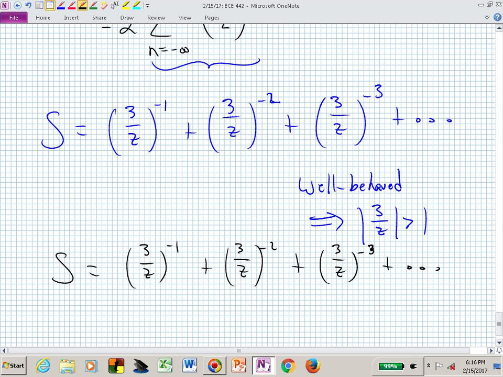I don't want to end up with 0 equals 0 when I compare those. But is it clear that if I multiplied both sides by 3 over z, I would start to get something that looks the same in the tail, but I would introduce a 1 in the front, meaning if I multiply 3 over z to the minus 1 by 3 over z, I end up with 1, and now the tail looks exactly the same.